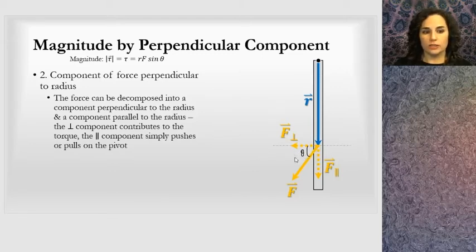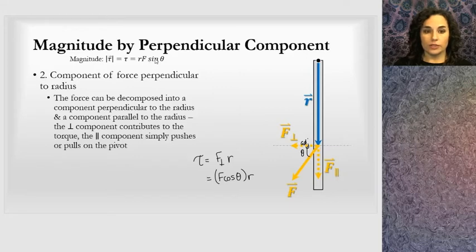And I will say in this situation, when I have theta defined here, I know the torque will be the magnitude of F perpendicular times r. F perpendicular will contain the angle that I need. So F perpendicular in this case is going to be, here's theta, this is the adjacent leg. And so you can see F perpendicular is going to be F cosine theta times r, which is perfectly fine.